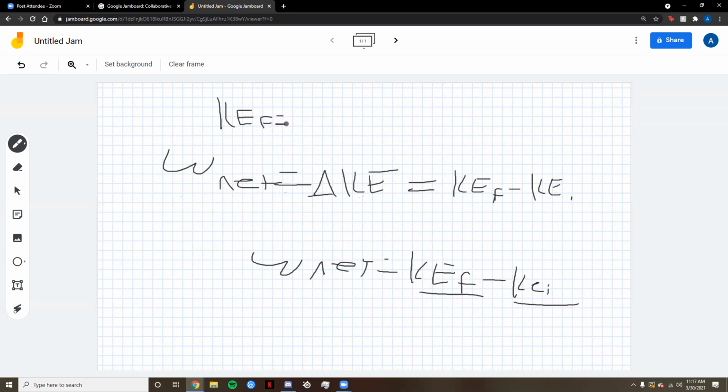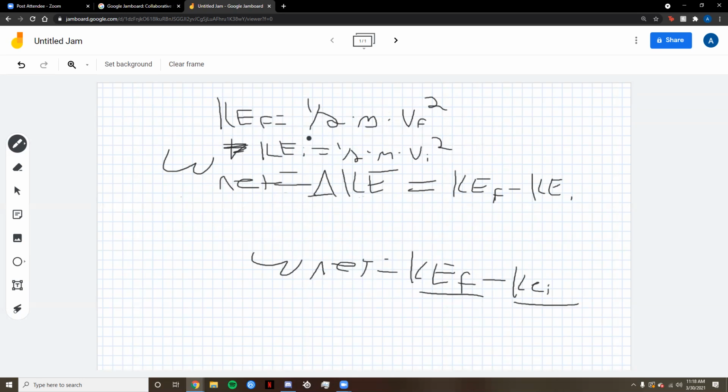K of F equals 1/2 times mass times V of F squared. And to find K of initial, we would do the same formula, but instead of F, we would use the initial velocity squared.